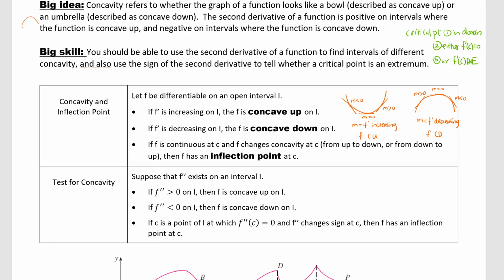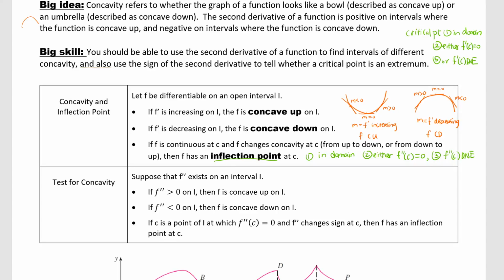Now, how about inflection points? Well, first of all, an inflection point has to be in the domain, like the critical points. Second, either f double prime is 0 or f double prime does not exist. So it is very similar to the critical points, right?